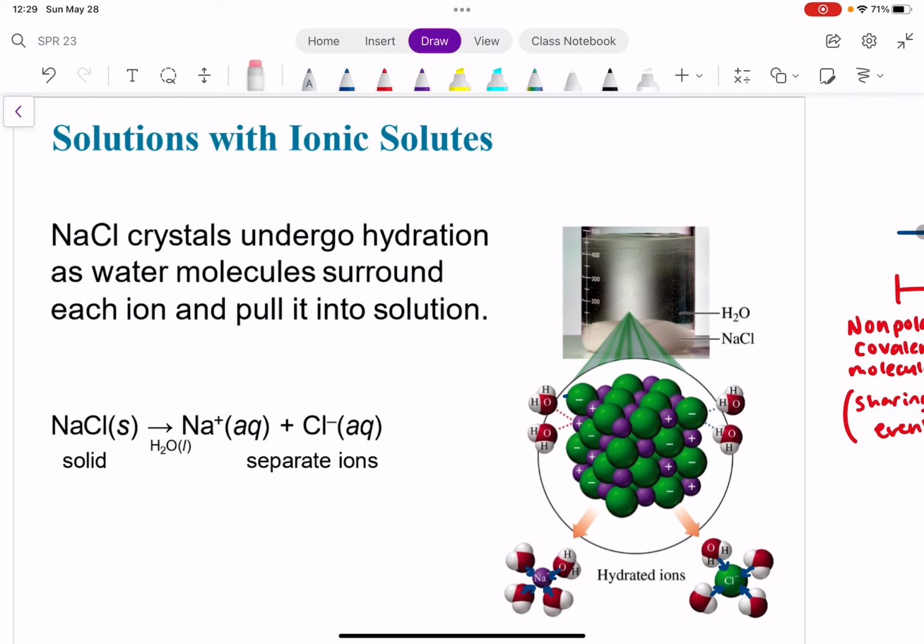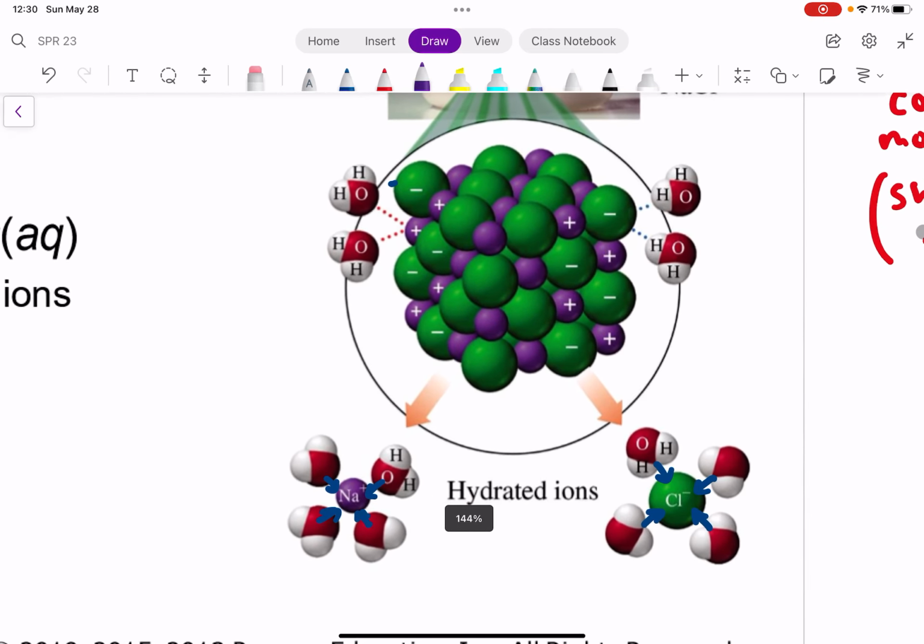So when we have our NaCl solid and we dissolve it in water, what ends up happening is we actually separate those Na+ or sodium ions, cations, and chloride ions, anions. We separate those ions, and that's what is actually causing those NaCl crystals to dissolve in water. So let's take a look at that a little bit closer.